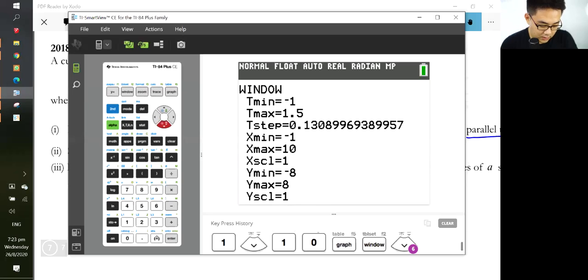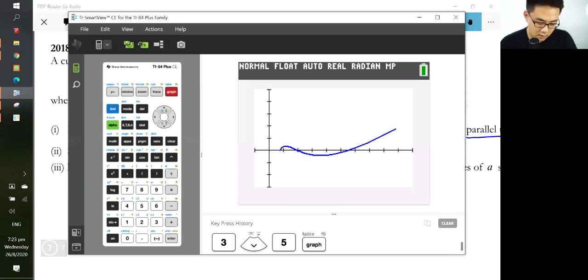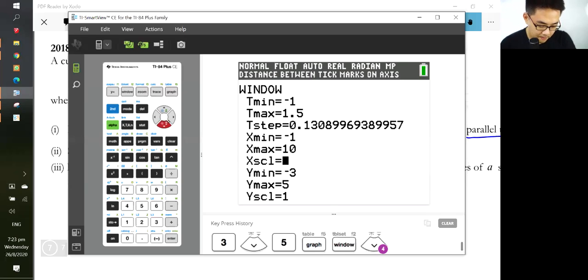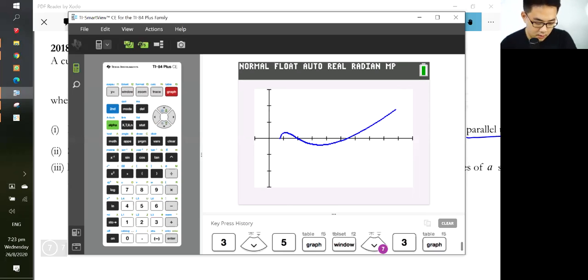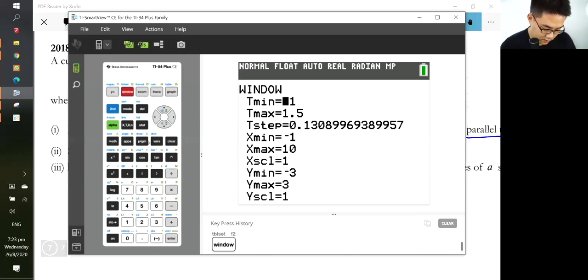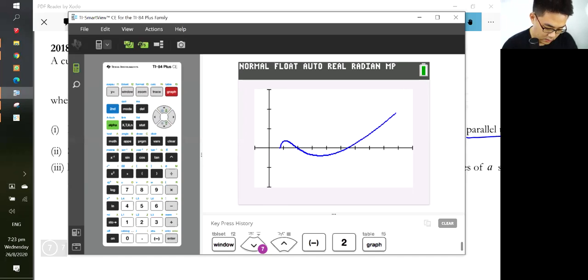So I will just try and get my nice shape. Ta-da! So max would be 3, minus 2. Okay, that's how I do it.